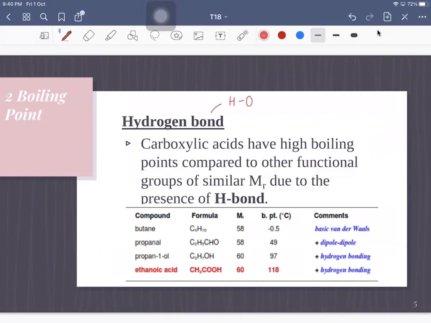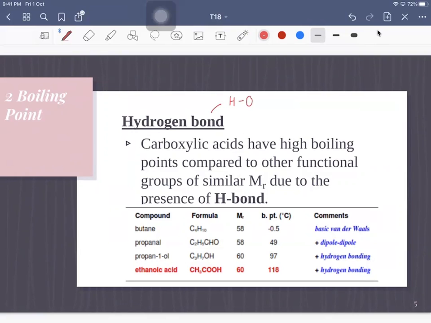So carboxylic acids would have stronger intermolecular forces due to the presence of hydrogen bond. It depends on what you are comparing with, then different factors come into play.